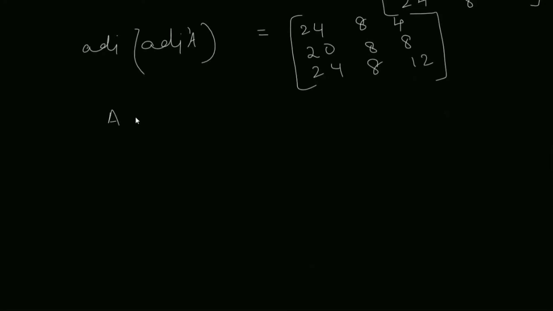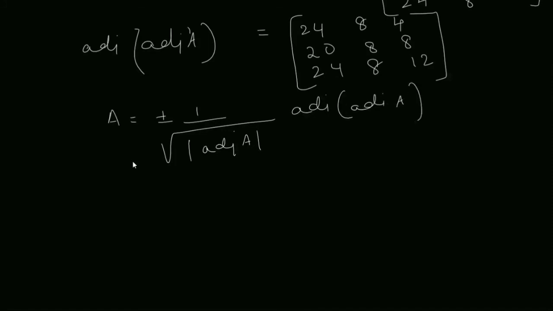A matrix is plus or minus 1 by root of determinant of adjoint of A into adjoint of A. We already found all this, so plus or minus 1 by 4 into this matrix, 24 8 4, 20 8 8, 24 8 12.